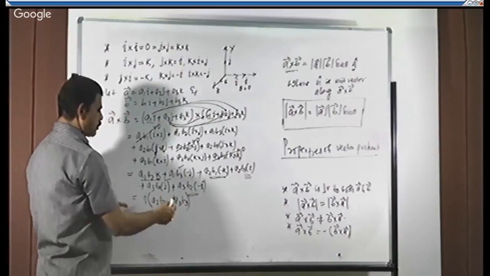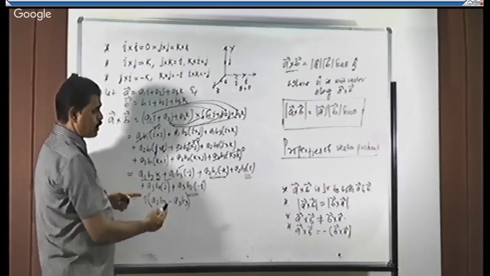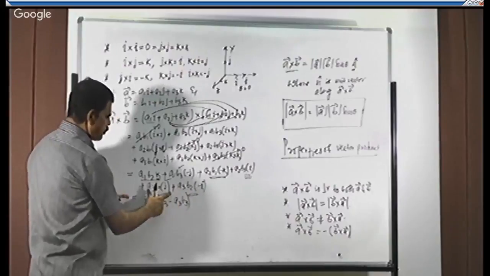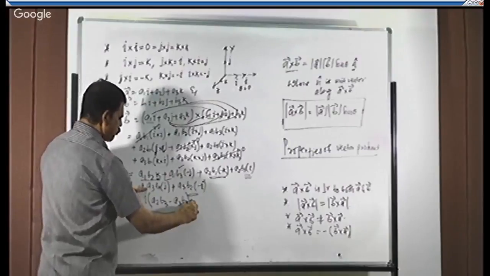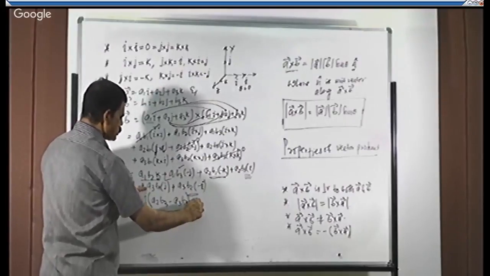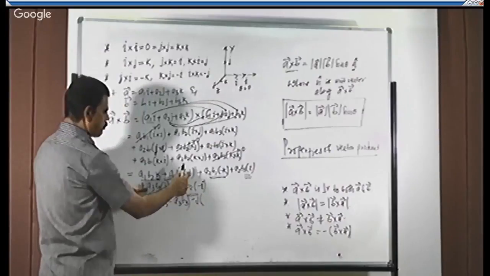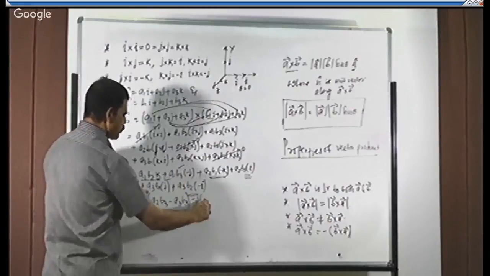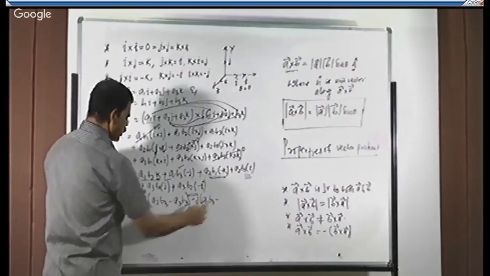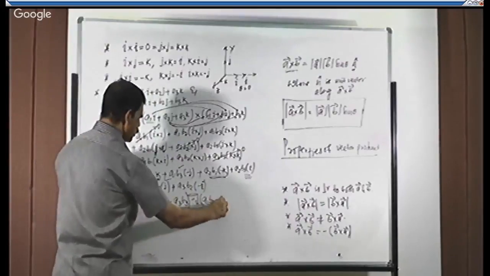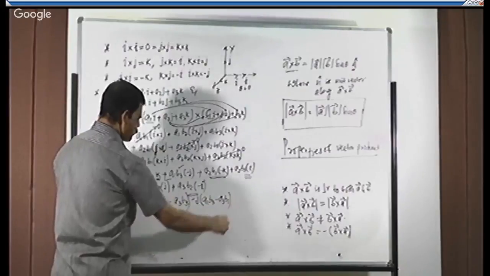Next, I'm taking the J terms. These two are J terms. Here I'm taking minus J common. If I take minus J common, what happens? A1 B3, and the other will become minus A3 B1.